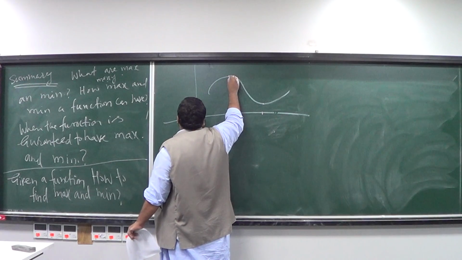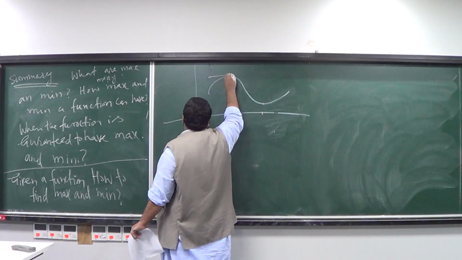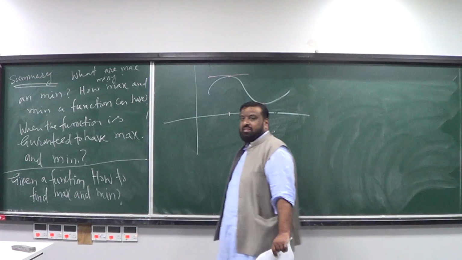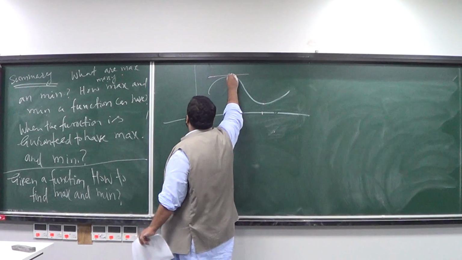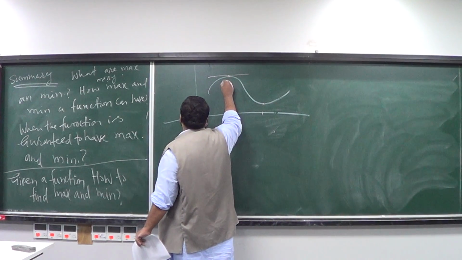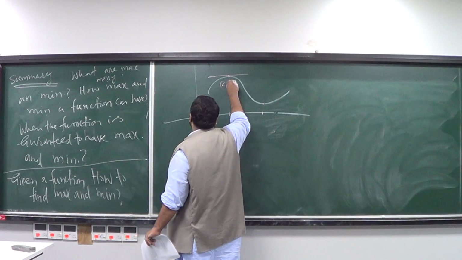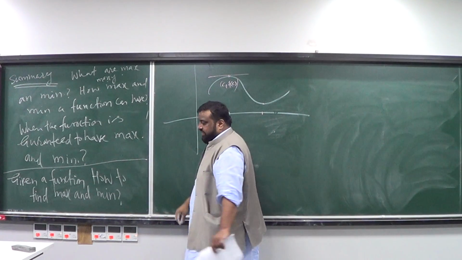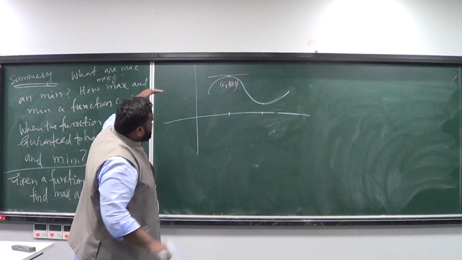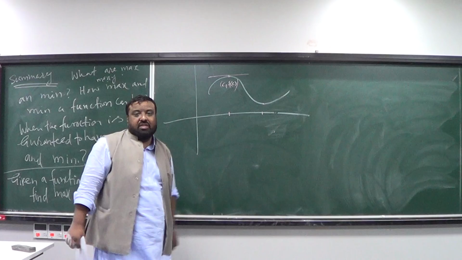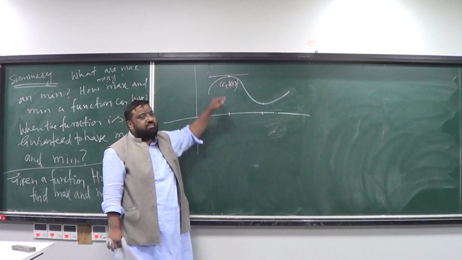Let's draw a tangent line at this maximum point. Let's call the coordinates of this point c and f of c. And let me ask you, what is the slope of this tangent line at the maximum?